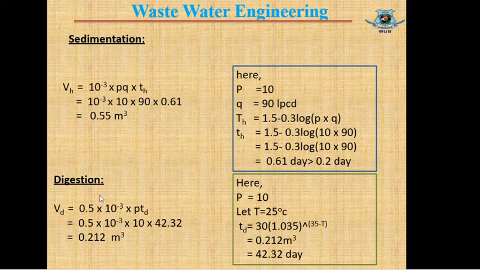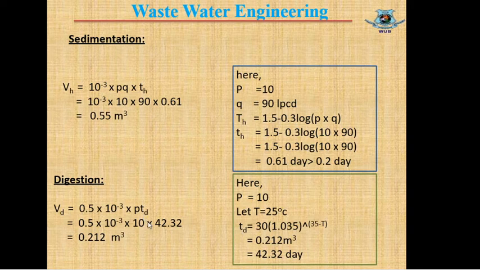Now we have to calculate volume for digestion, and this is the equation to calculate the volume of digestion. Here we need P, that means P equal to 10, and TD, the time required for digestion, and we can calculate TD using this equation.